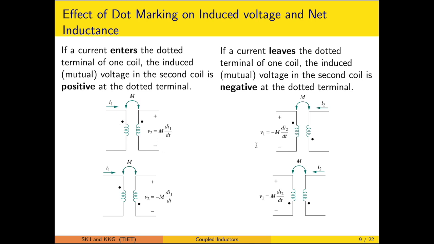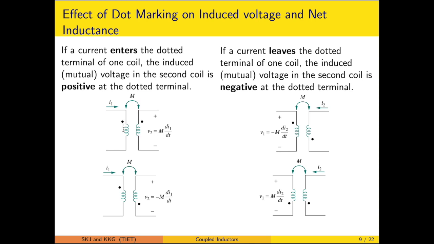In the second case the current is leaving the terminal, and we will be counting the effect of the mutually induced voltage. So the simple logic here: when the current is entering the dotted terminal, mark the dotted terminal of the other coil as positive.